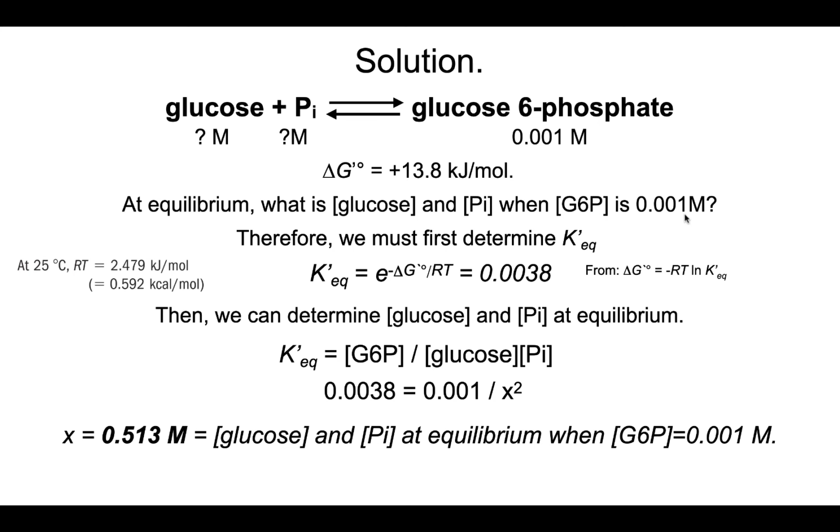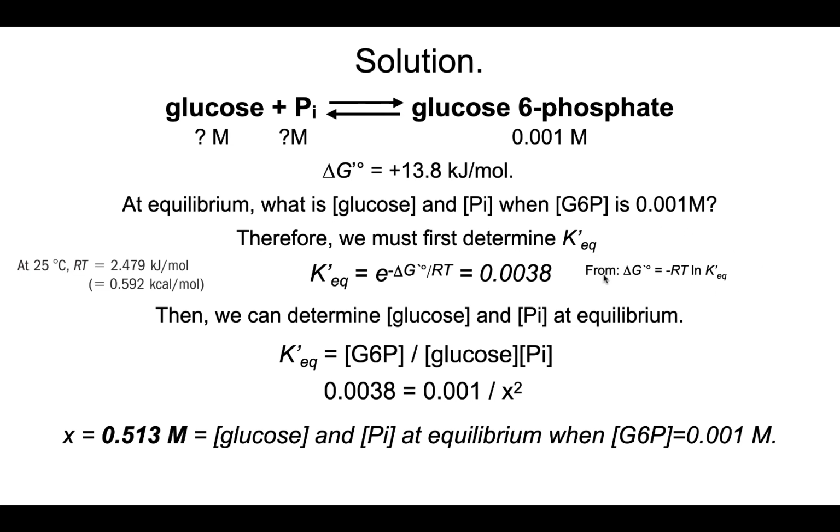The key to understanding this is figuring out what these concentrations are at equilibrium. How do we do that? Well, we know that the equilibrium constant is the ratio of the concentration of products over the concentration of reactants. So if we can figure out the equilibrium constant, then we can figure out the concentration of glucose and inorganic phosphate. How do we do that?